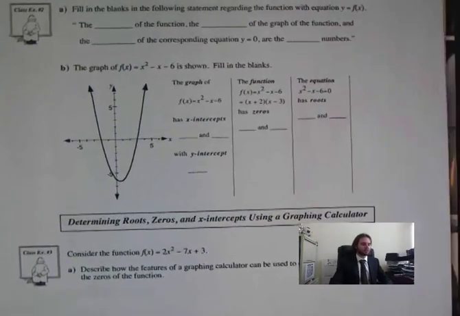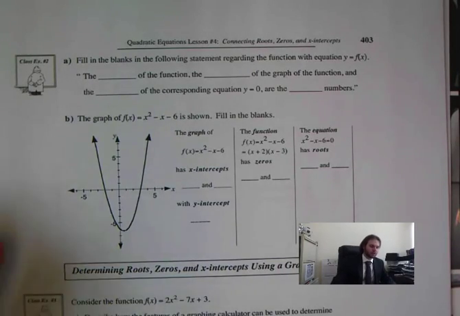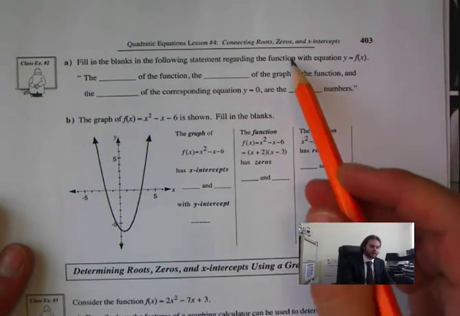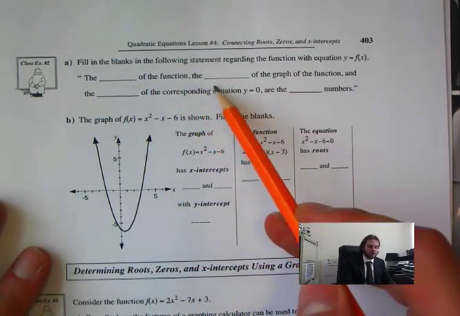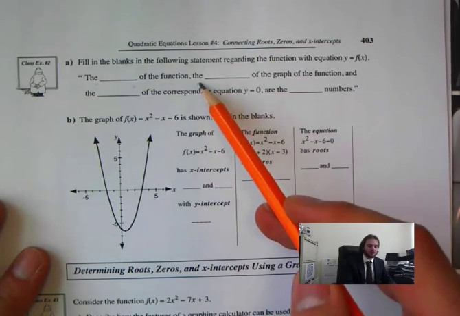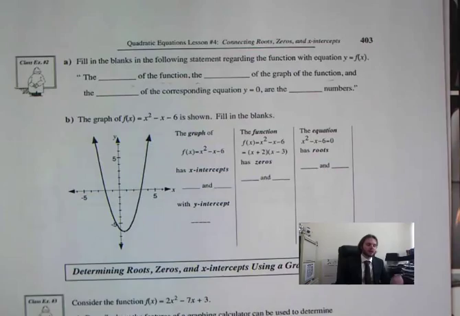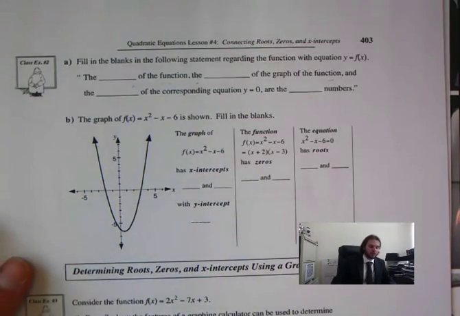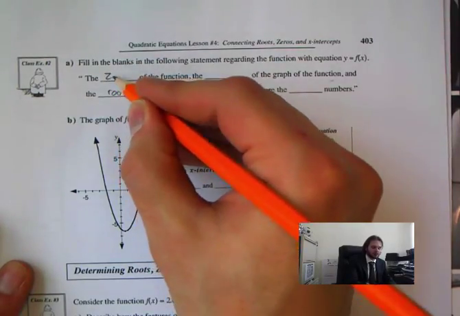So here we go. Example 2, it says, fill in the blanks of the equation f of x. So if I look at this, the zeros of the function, the blank of the graph of the equation, and blank corresponding to y equals 0. Oh, y equals 0. So this is the roots. The zeros of the function.